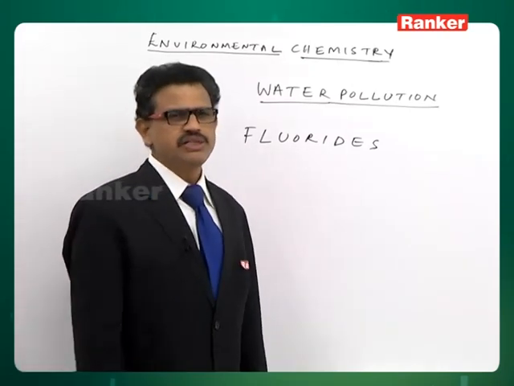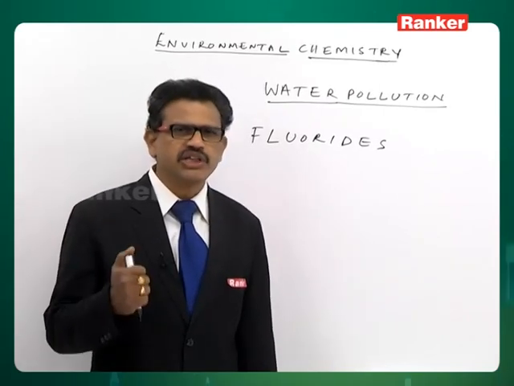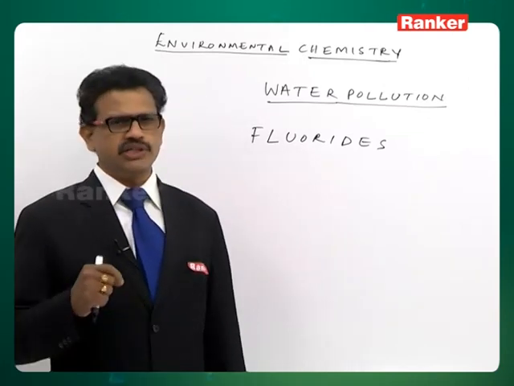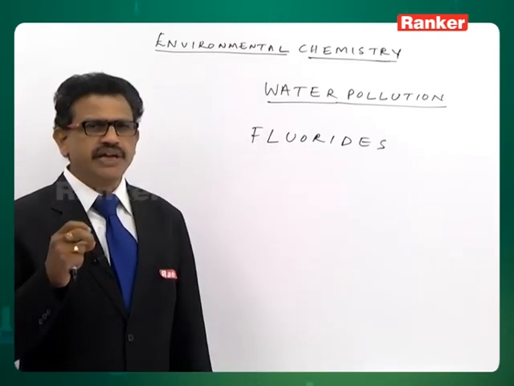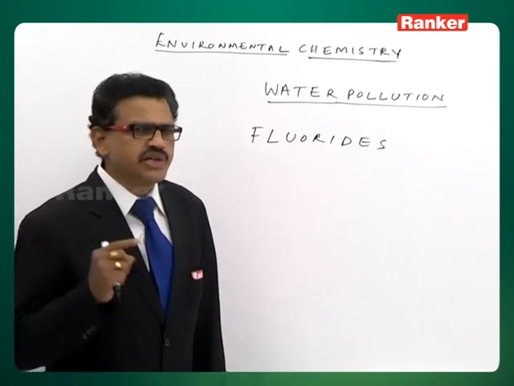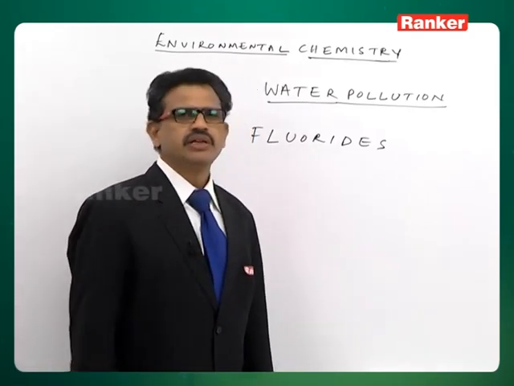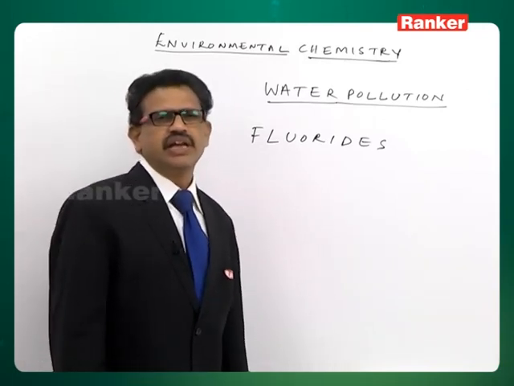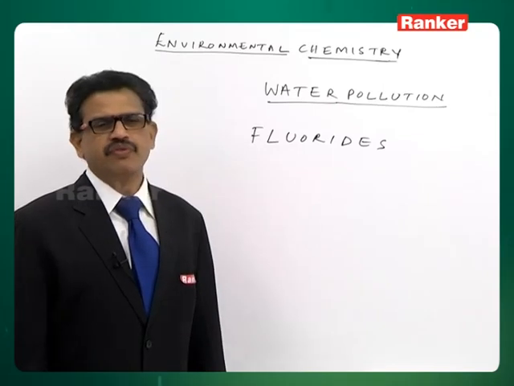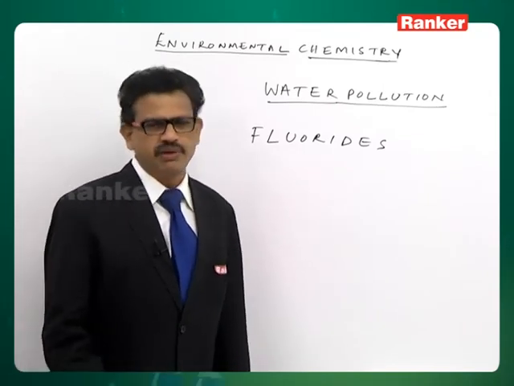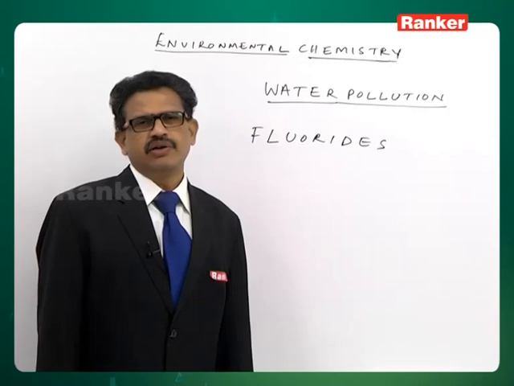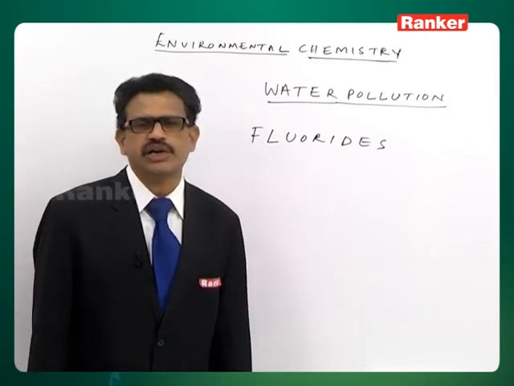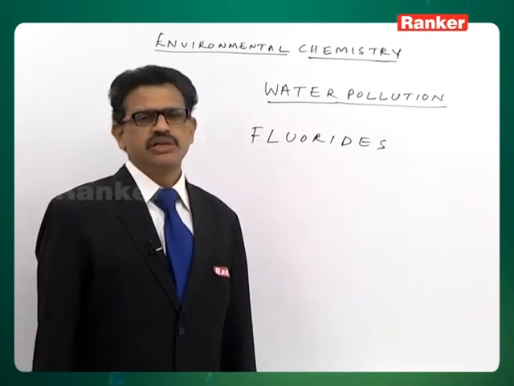If they are at optimum levels, the fluoride ions strengthen our bones and teeth, because they combine with the calcium content in the bones and teeth and make them very strong. If the fluoride ion concentration goes beyond certain limits, it causes diseases like weaker bones and decayed teeth, and you can observe fluorosis kinds of diseases when the fluoride ion concentrations are more than the limits.